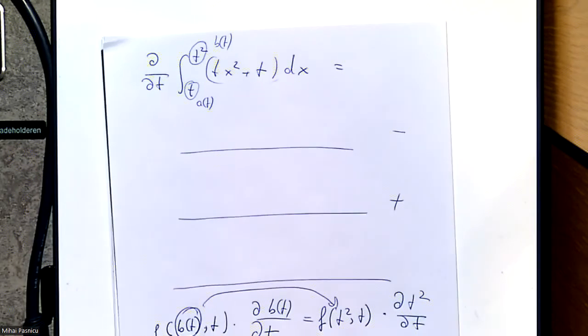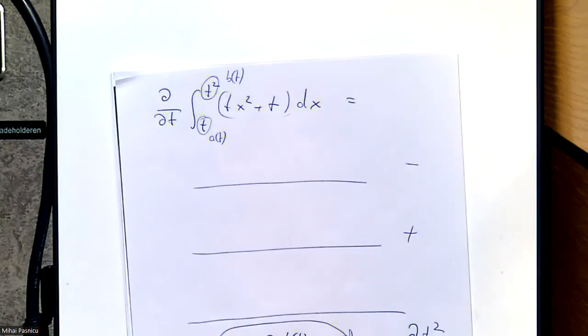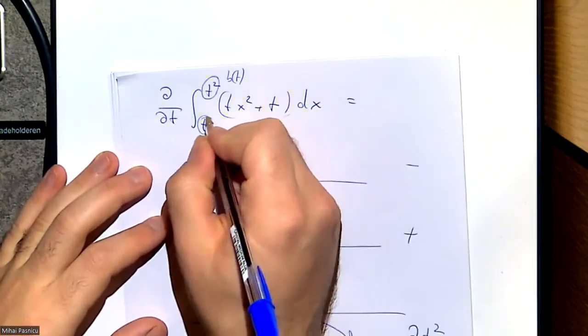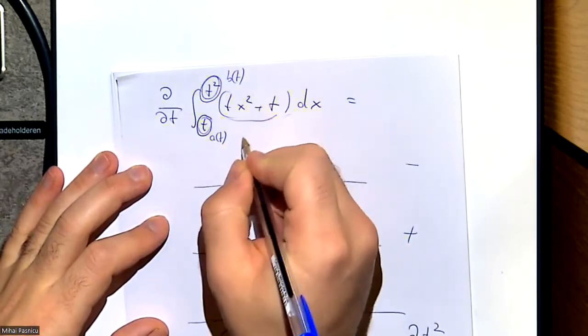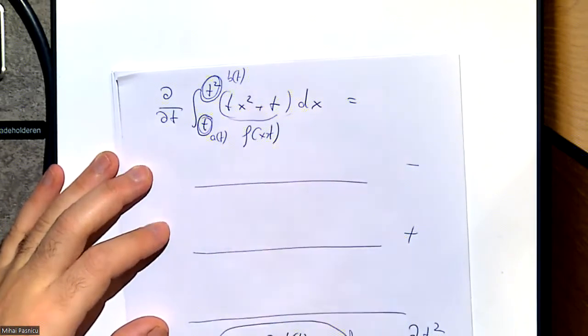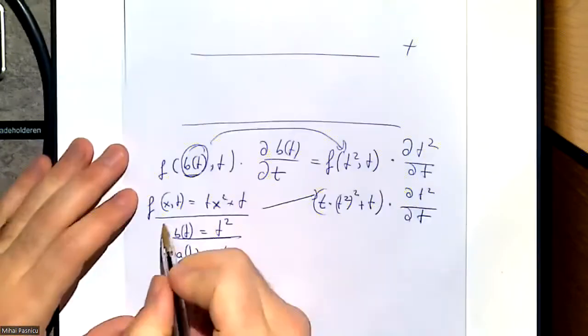And now I just pull out my scrap paper or whatever, and I start identifying stuff and trying to see where I'm at. I just noticed that according to the definition, this is a of t, this is b of t, and this is my f of x, t. Right, just according to the definition. So I write that stuff down right here, I copy it here.